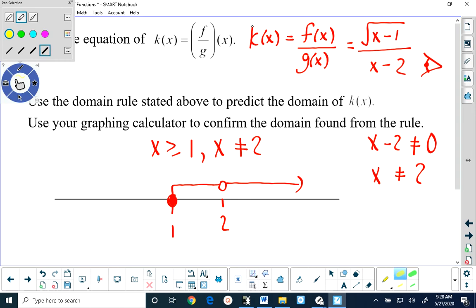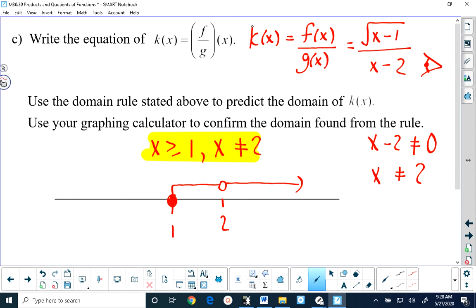There's definitely a different way to write this, and it's to use interval notation. So instead of saying x is greater than or equal to 1 and x can't equal 2, we can say that x can be anything including 1 up to, but not including 2, in union with anything after 2, so the round brackets mean not equal to, up to infinity.